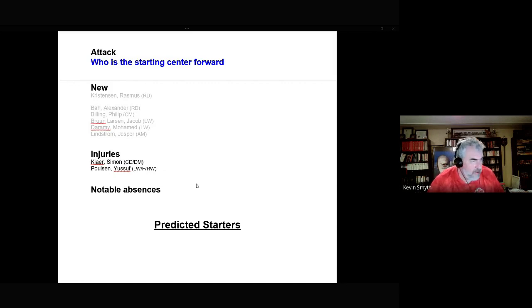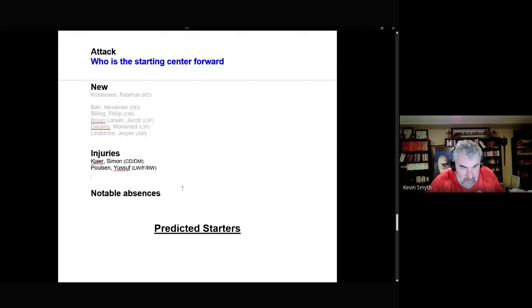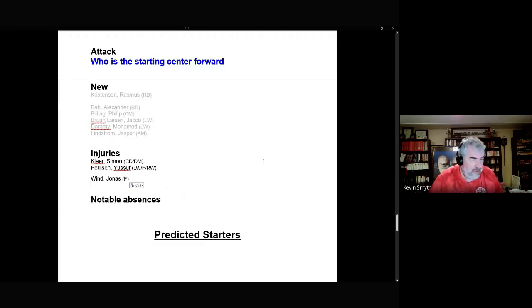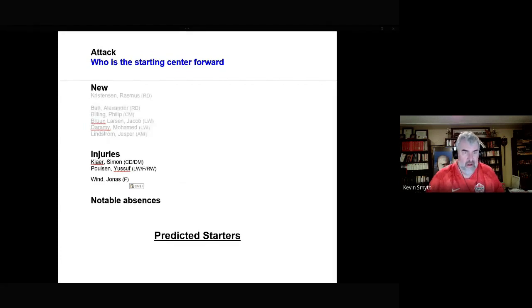And finally, and perhaps a bit more seriously, Jonas Wind. And this is a recent thing. I think it was in August that he picked up this hamstring injury and has an unknown return date. And I have seen players return fairly quickly from hamstring injuries, so there seem to be different kinds.